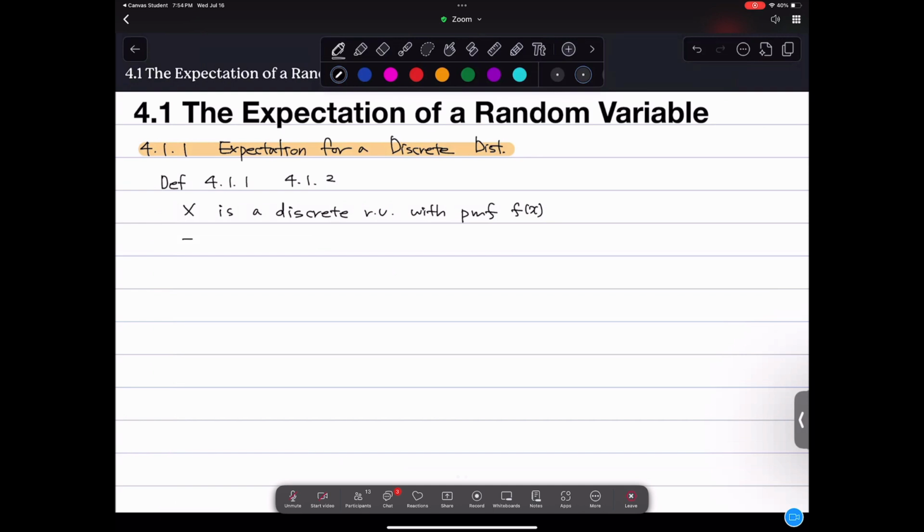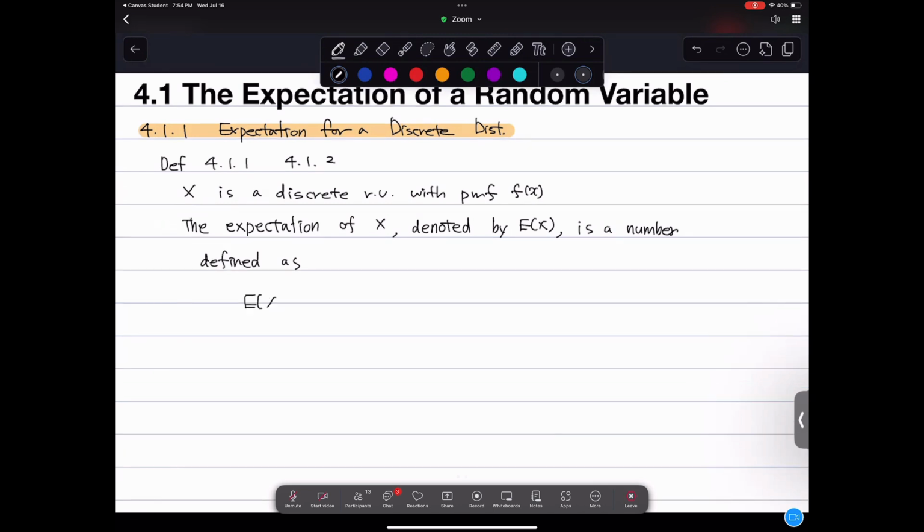The expectation of x, which we denote by E of x, is a number defined as the following. E of x equals the sum of all these values, x times f of x, over all the x values.